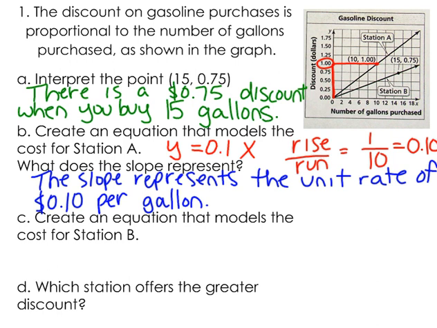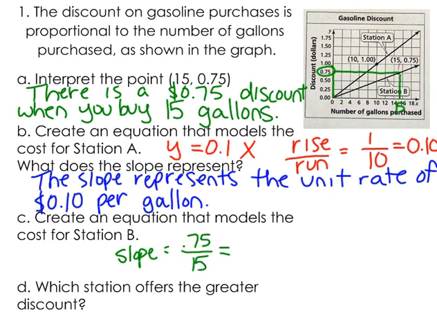Okay, part C, this time we need an equation for station B. So just like before, I can draw in a slope triangle and do rise over run. So this time we went up 75 cents and went over 15. So the slope would be 75 hundredths over 15.